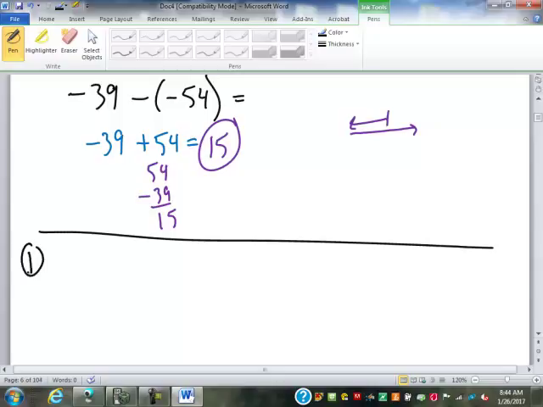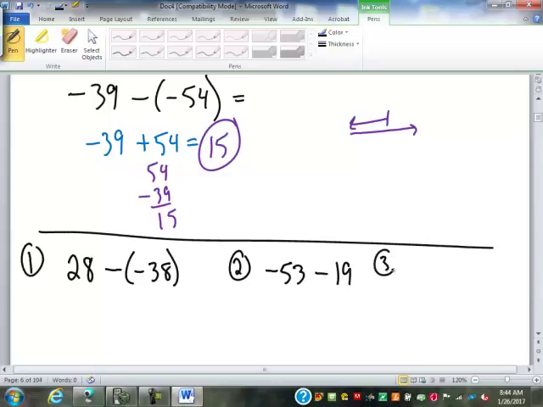Okay, adding the opposite of the following number. Try those three and you know it's correct.